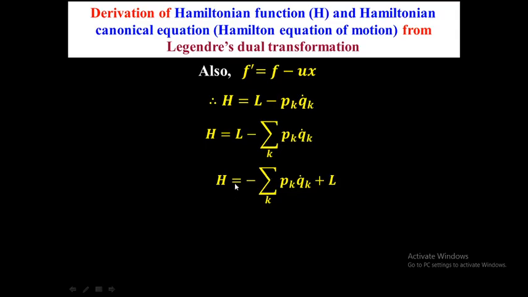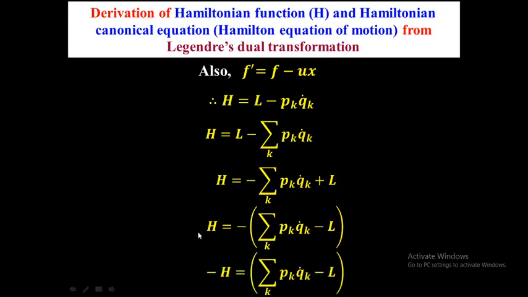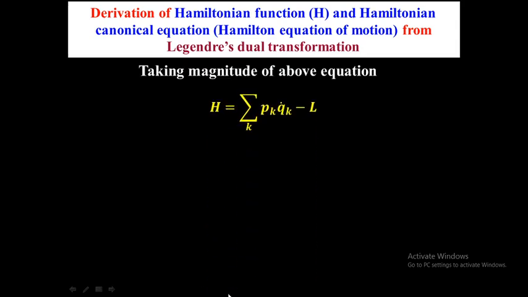Now it can be written as H is equal to minus, writing this term first, plus L. We can take minus common and shift the minus to the other side, so we get minus H is equal to summation over k, pk qk dot minus L. If we take the magnitude of this expression, minus H becomes H, and we get the Hamiltonian function: H is equal to summation over k of pk qk dot minus L. This Hamiltonian function we have derived from the Legendre dual transformation.